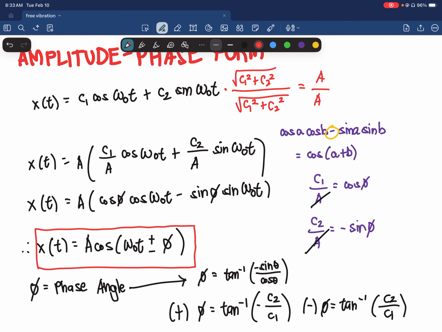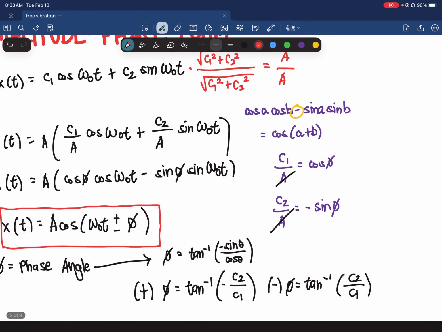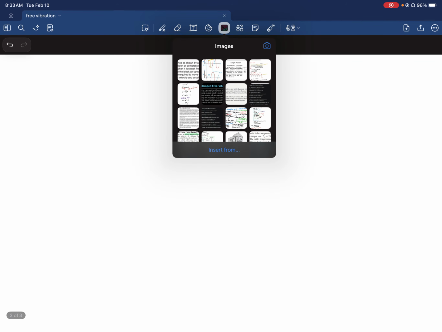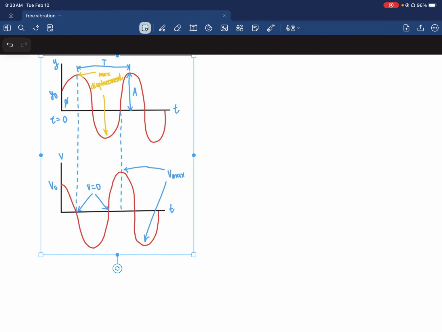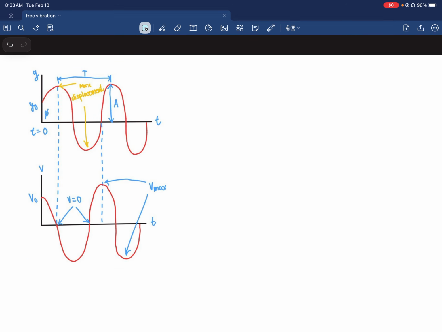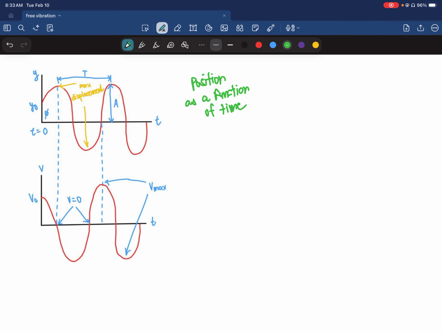And before we move on to solving problems, let us further explain yung behavior ng ating wave. So, this is position as a function of time, and this is velocity as a function of time. You can see this is a sine wave, and this is a cosine wave.